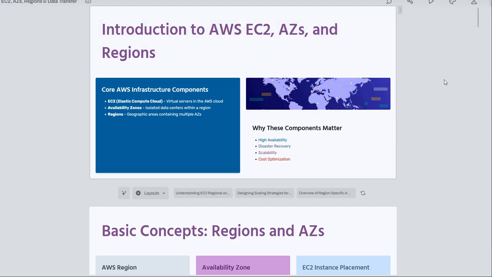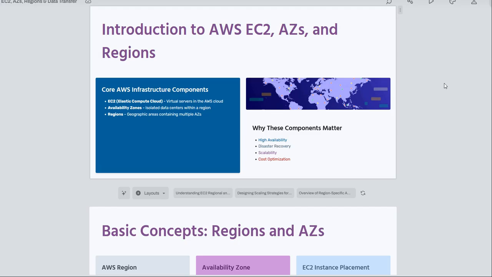Introduction to AWS EC2, availability zones and regions. EC2, Elastic Compute Cloud, is a core AWS infrastructure component: virtual servers in the AWS cloud. We call availability zones isolated data centers.